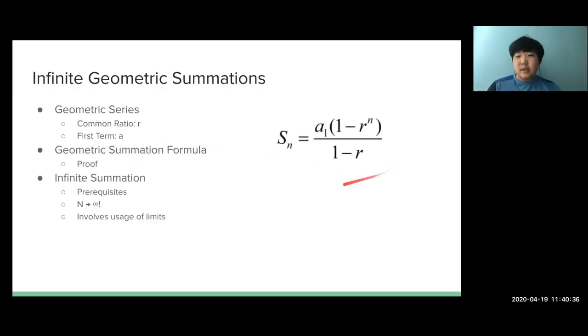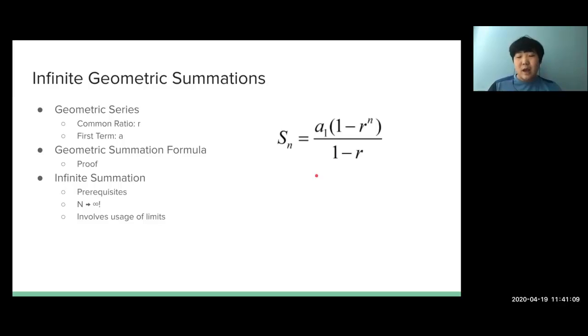So basically, this is the geometric summation formula, and the way we can go about this, and this will be somewhat important later, is we can say that S is the sum of a plus ar plus ar squared plus ar cubed, etc. And then we can multiply r to S, giving us rS equals ar plus ar squared, basically the same geometric series, just without the a.